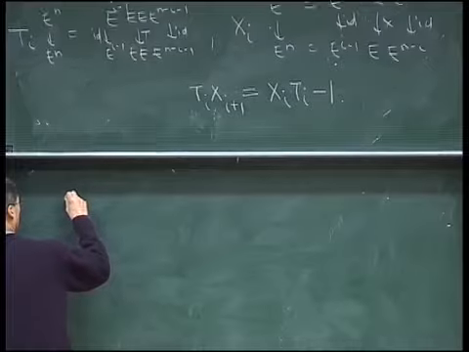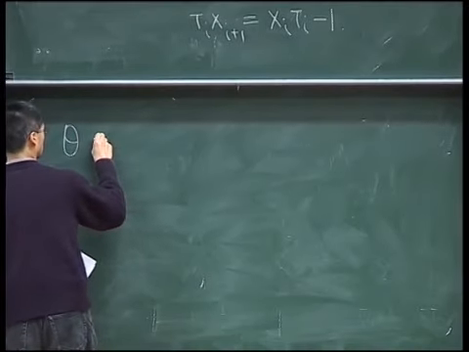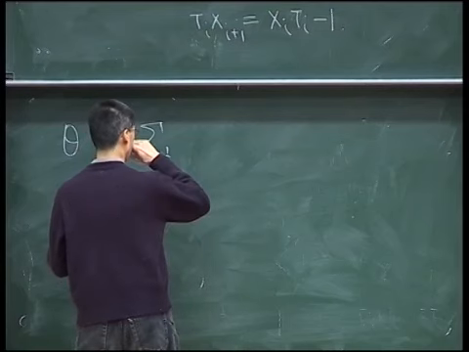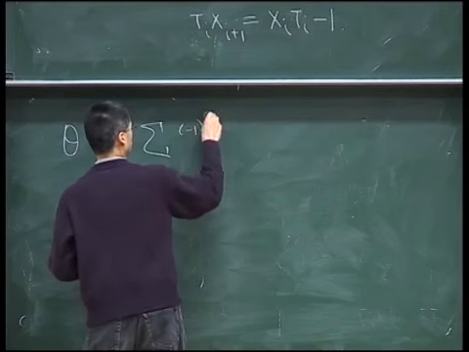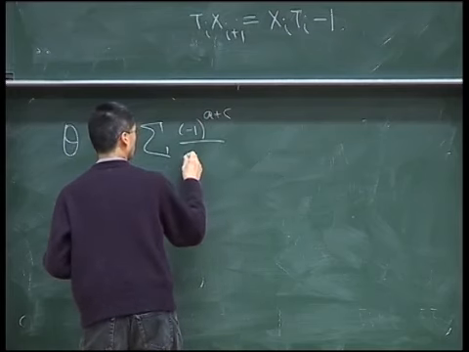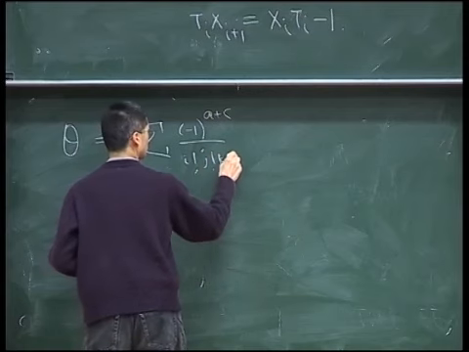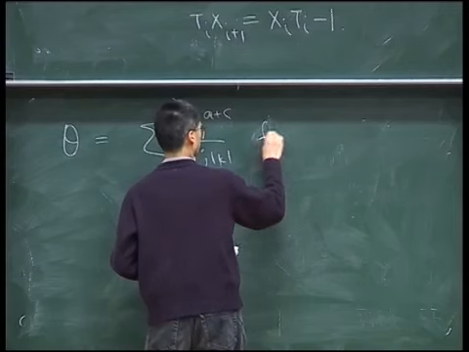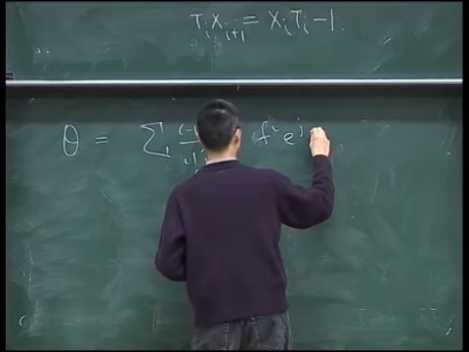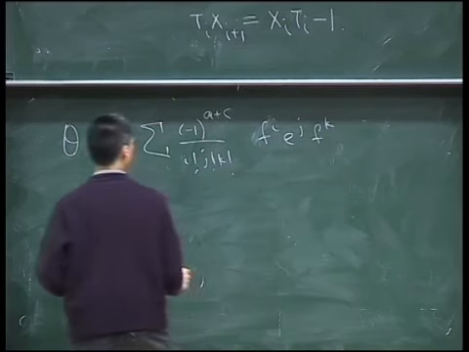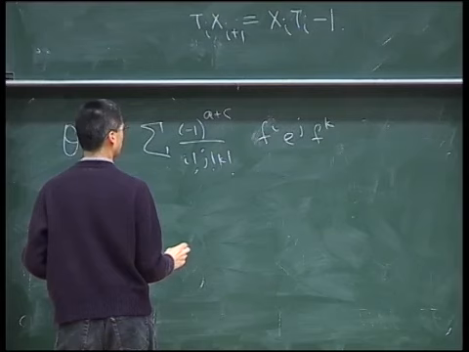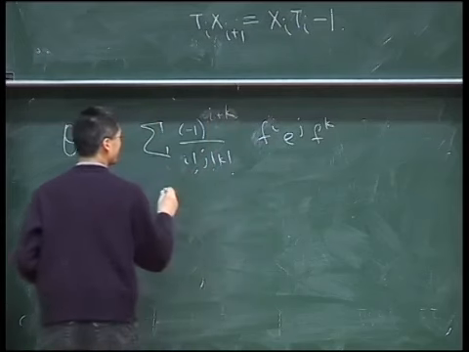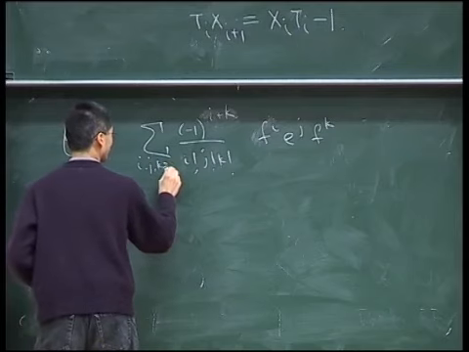If we write down the formula for the exponential, it's going to be some large sum: minus 1 to the a plus c over i factorial, j factorial, k factorial, e to the i, f to the j, e to the k, f to the l.